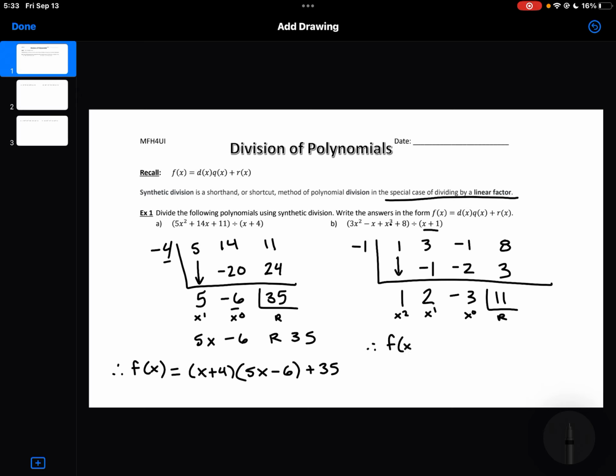So to summarize, I'll write my division statement as my divisor, x plus 1, just from the question. My answer, so x squared plus 2x minus 3, and then plus 11 as my remainder.